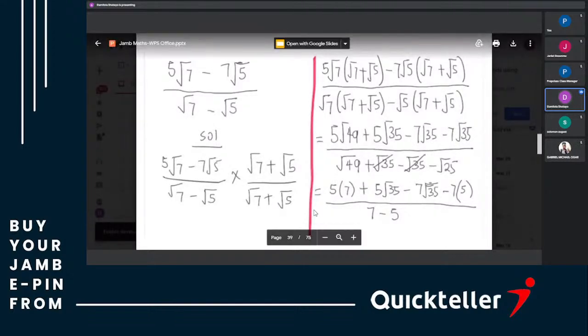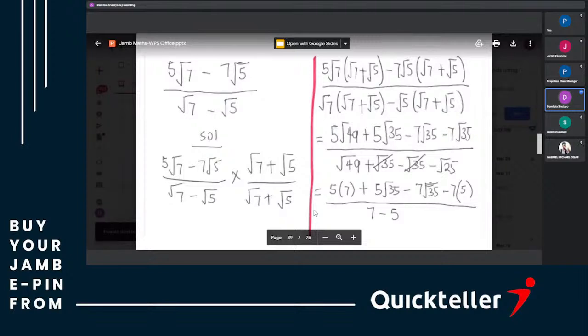Now the next thing is to expand. 5 root 7 times root 7 gives 7 times 7, which is 49, so 5 root 49, plus 5 root 7 times root 5, which gives root 35. Then minus 7 root 5 times root 7 gives minus 7 root 35.